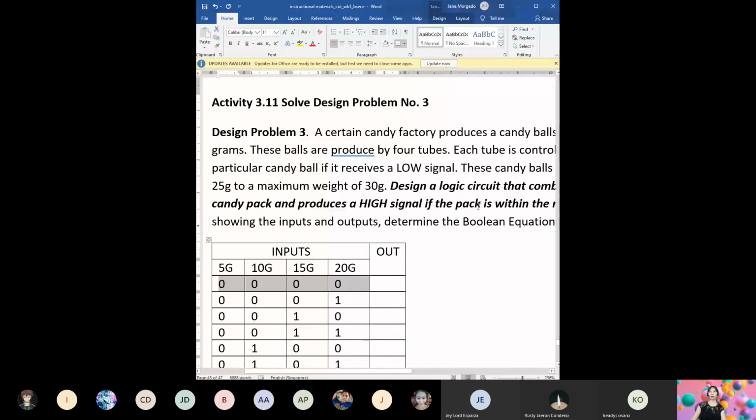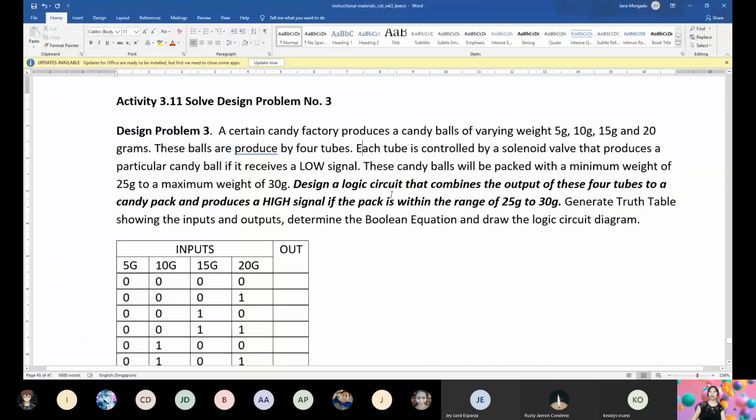Let's go back. Each tube is controlled by a bulb that produces a particular candy ball if it receives a low signal. So when will it have an output? When there is a low signal.